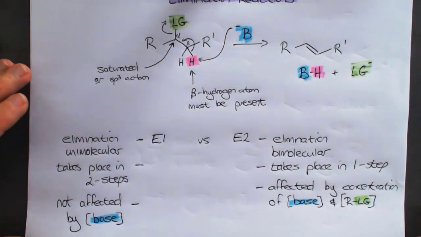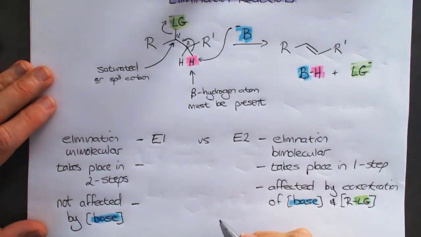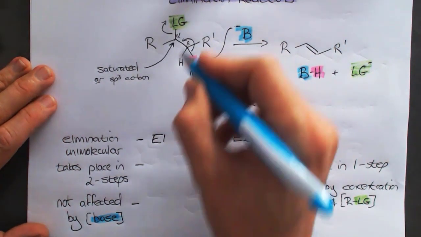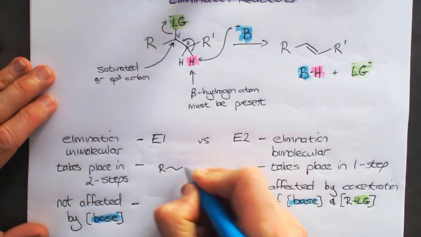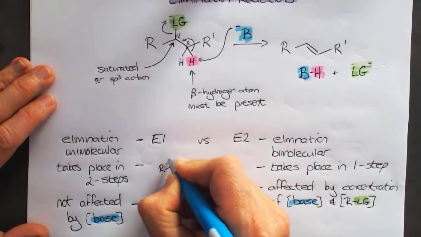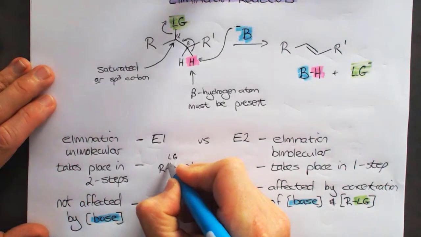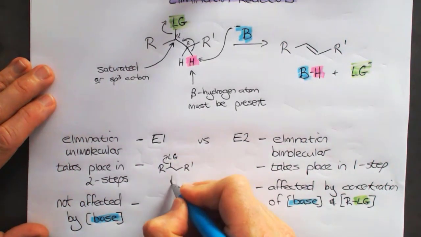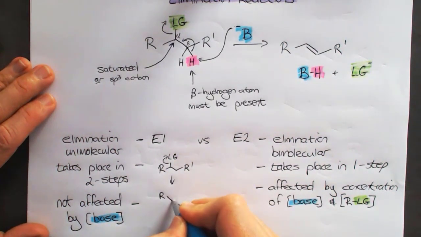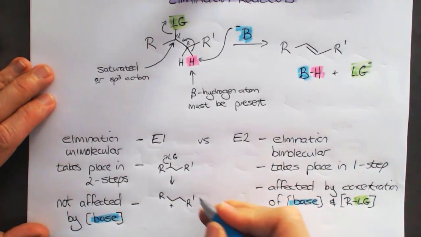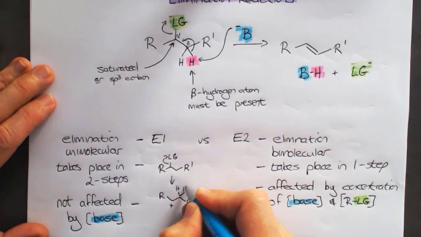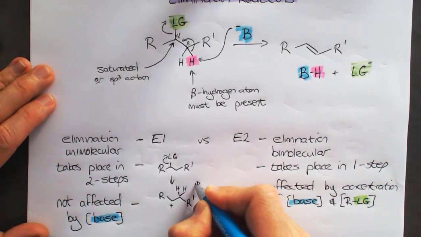All right, so an E1 reaction, if we had to just draw out the mechanism very simplistically, I'll just squeeze it in over here. The first step is that the leaving group needs to leave. So the leaving group will leave somehow. That generates our carbocation. Sorry, I've switched things around there. And then the next step is that we're going to have a base.